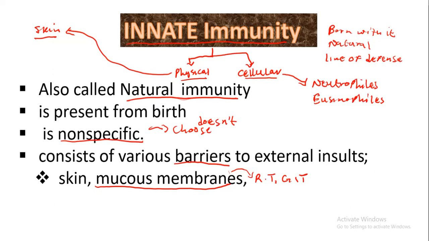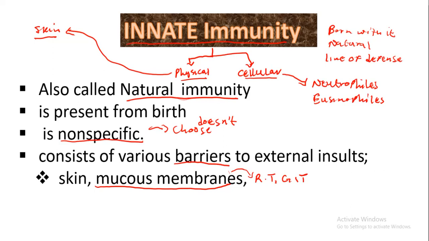By the way, the GIT stands for the gastrointestinal tract. We are talking about the digestive system: the mouth, esophagus, stomach, small intestine, large intestine, rectum, up to the anus.